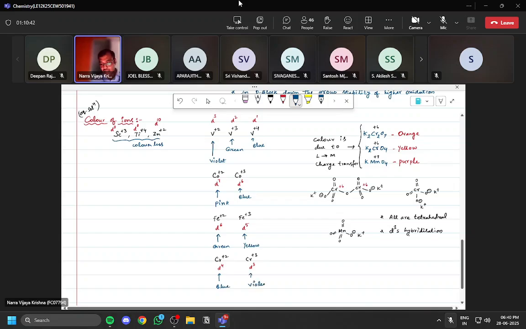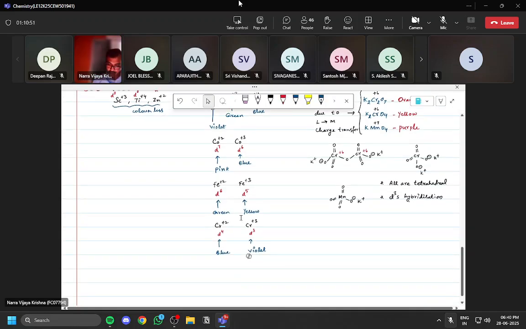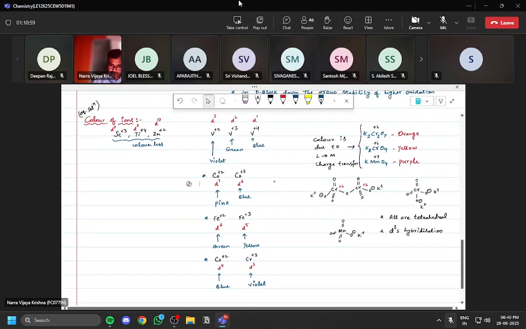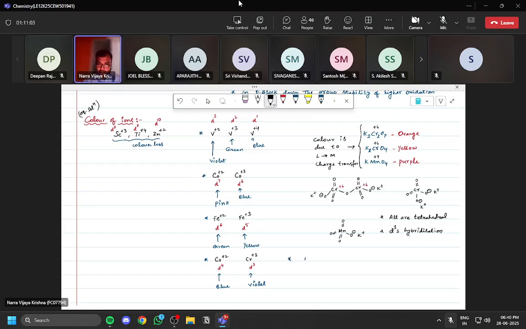Is there any other species having different oxidation states? Manganese plus 2, manganese plus 3.